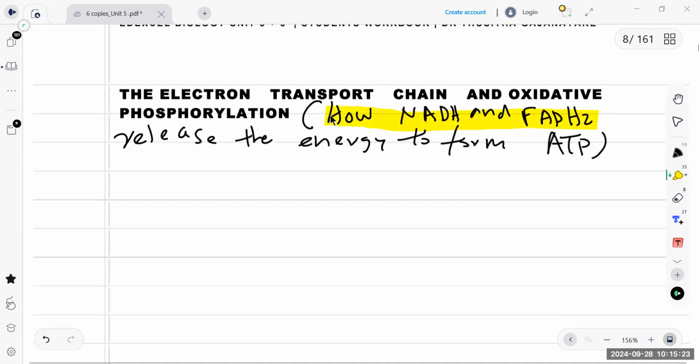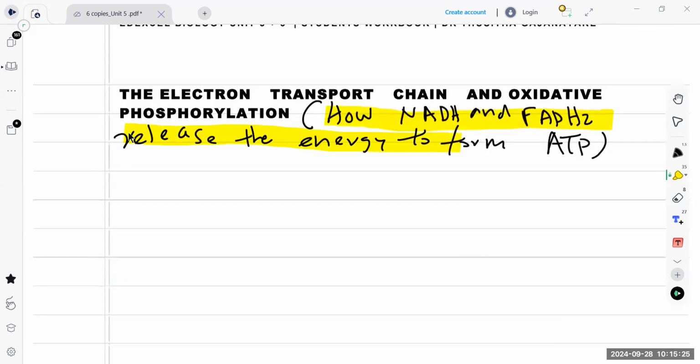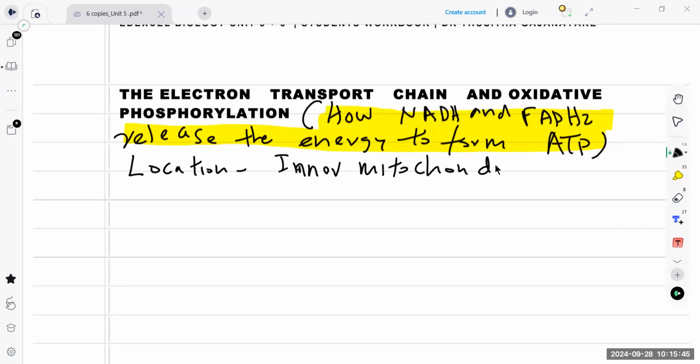We're going to learn this under electron transport and oxidative phosphorylation, and the location is the inner mitochondrial membrane.